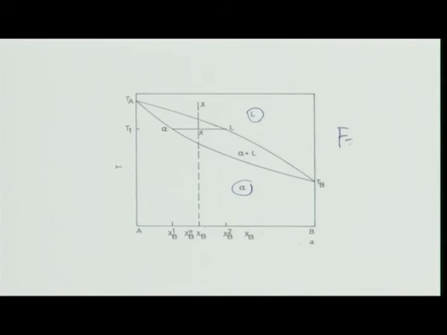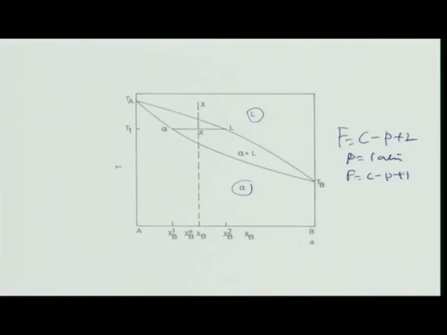We know the phase rule is given as F equals C minus P plus 2, where F is the degrees of freedom. So here pressure is constant, kept at 1 atmosphere. Therefore F will be equal to C minus P plus 1, because pressure is not varying here.